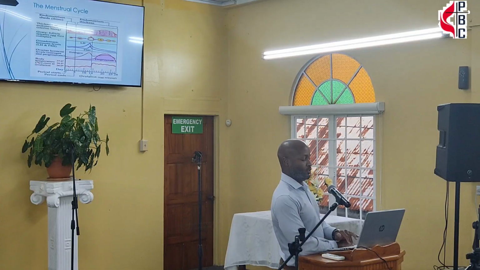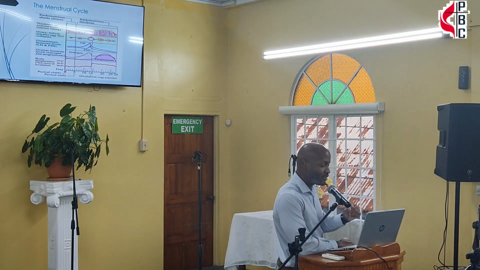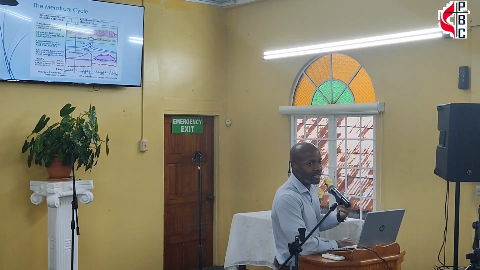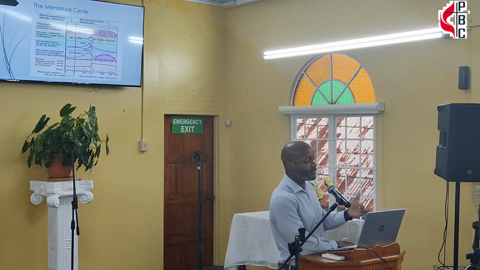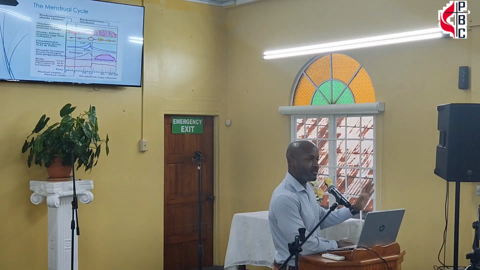So towards the bottom here, we're looking at the days. First day of your period, we start off here, so that'll be day one of your cycle. At that point, an already present endometrial lining of the womb starts to shed, and you see it starting to come down here.